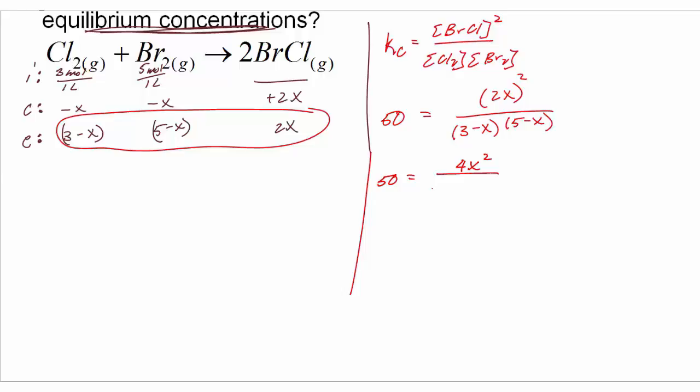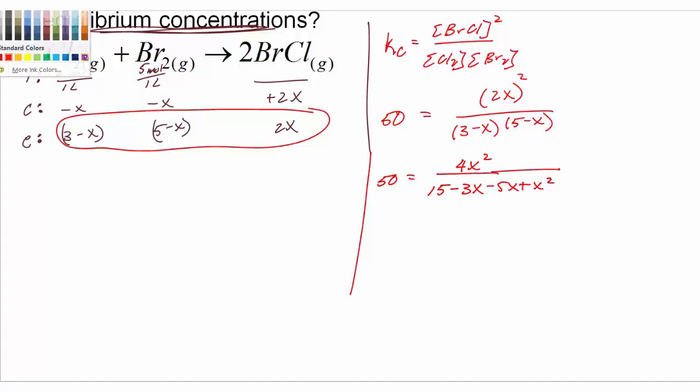We're going to have 15, multiply through by 3, 15 minus 3x, multiply through by the negative x, minus 5x plus x squared. Okay. Let's bring that to the top, right, with the 50. Bring along the diagonal. So we have to multiply it through by 50 then. 50 times all this stuff.